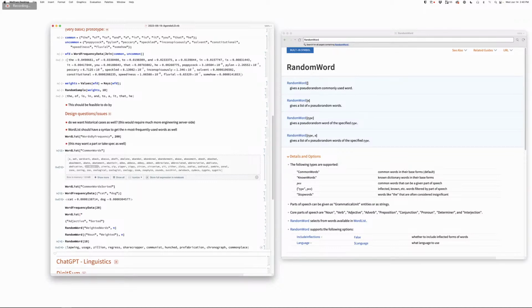Or just weighted; we could just have weighted there. Possibly. I kind of like including words, just because we have common words and known words. Okay, fine. So you say random word, weighted words, comma, 1, and you just say table of that. Am I making sense?